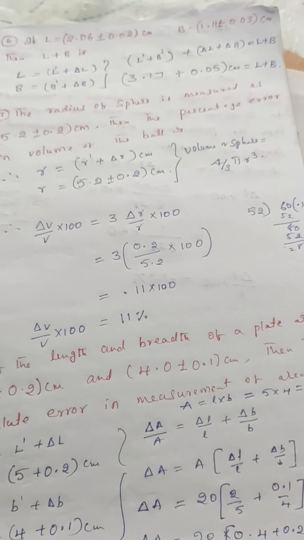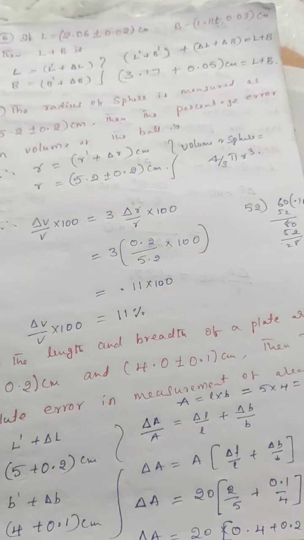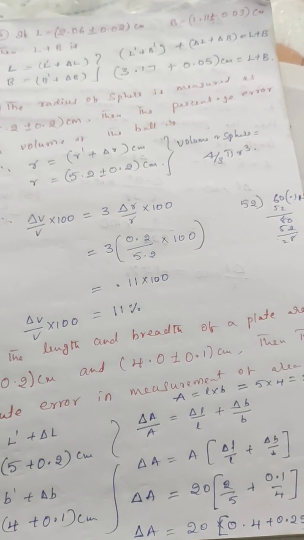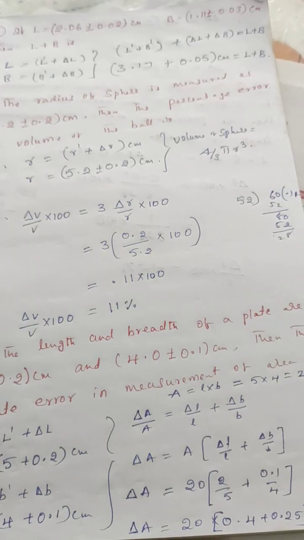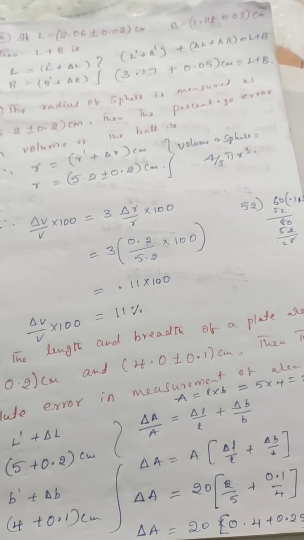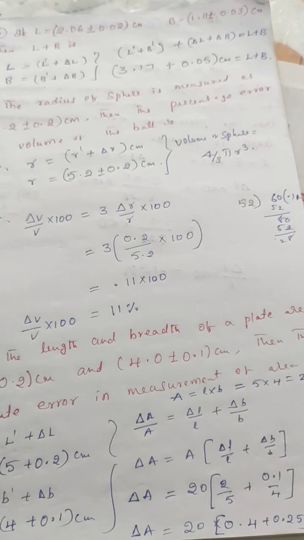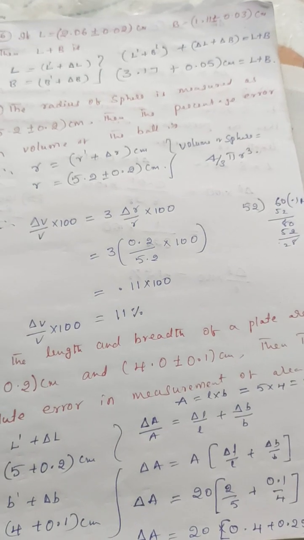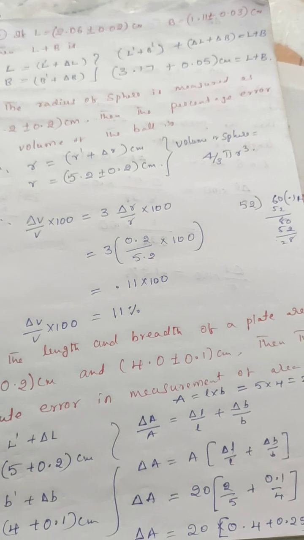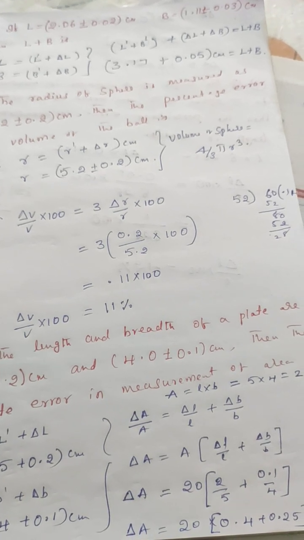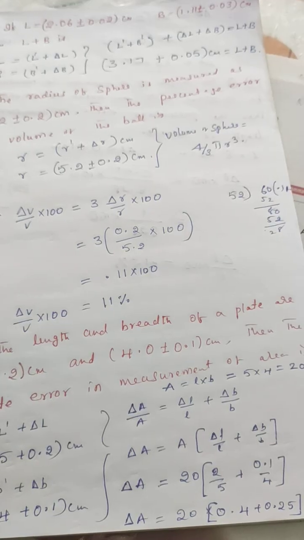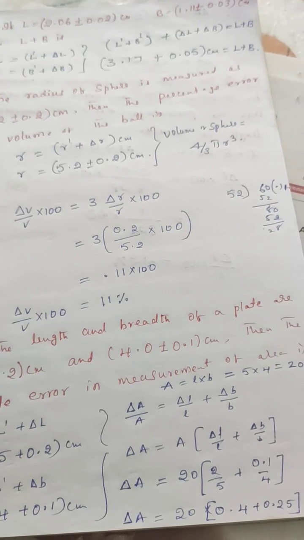Now the volume percentage error, the relative error, delta V by V into 100 is equal to 3 into delta R by R into 100. Delta R is 0.2, true value R is 5.2, into 100. After solving this, we get 11%.